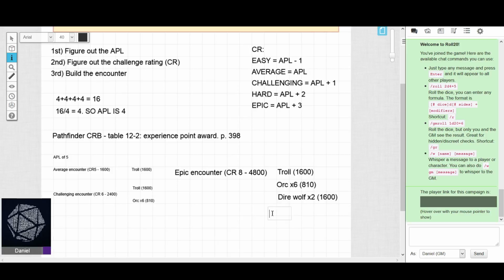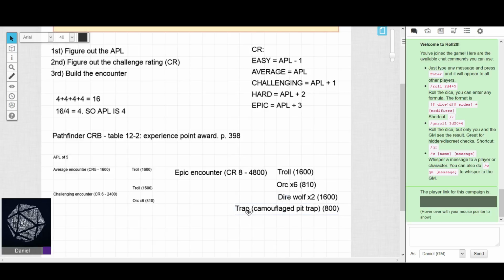Let's put a trap in there. Buy a trap, and a challenge rating 3 trap would be 800. I know that the camouflaged pit trap is challenge rating 3. It costs 800. So yeah, camouflaged pit trap, and we'll just say that is 800 experience.